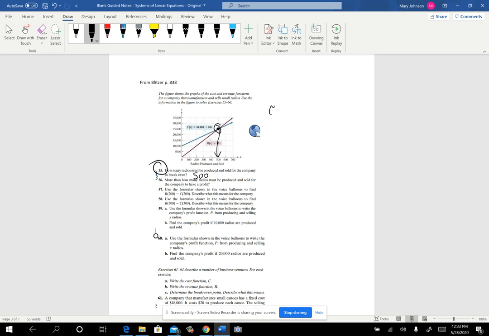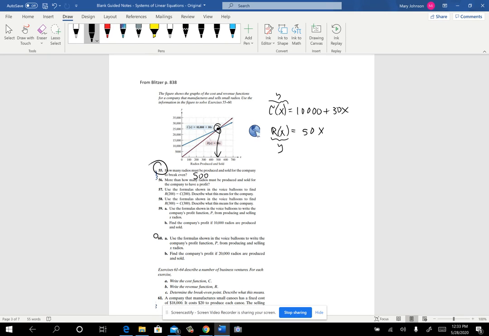Okay, so what we've got are these two equations, and they are using a notation that we'll talk more about called function notation. You can just think about both of these as being a y to make it fit with what we've done before. So we're looking for where the equation representing the cost equals the revenue.